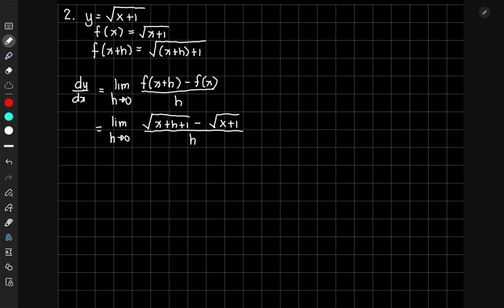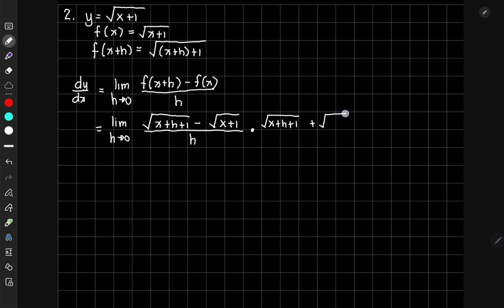So we have to simplify first itong equation natin. So now we have to multiply this equation or itong function na to by the complement of the numerator, which is square root of x plus h plus 1. So since minus ito, so magiging plus siya.